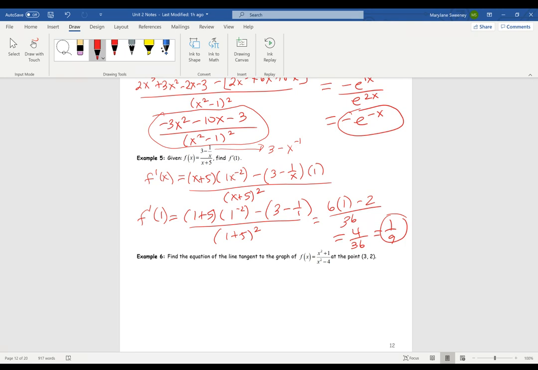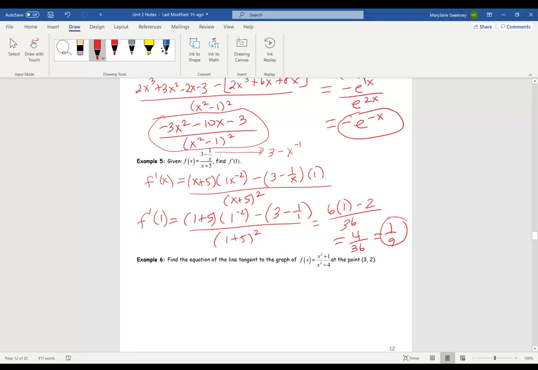Okay, equation of the tangent line. This is the last one. F prime of x is, we would go low, d high, minus high, d low, all over low squared.